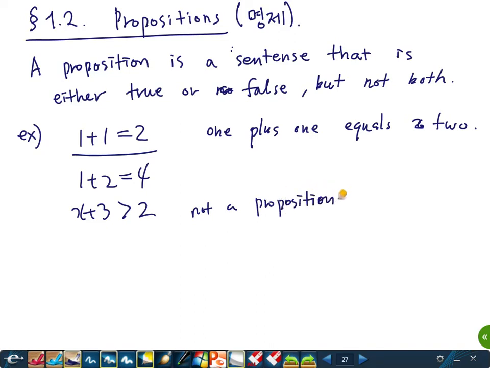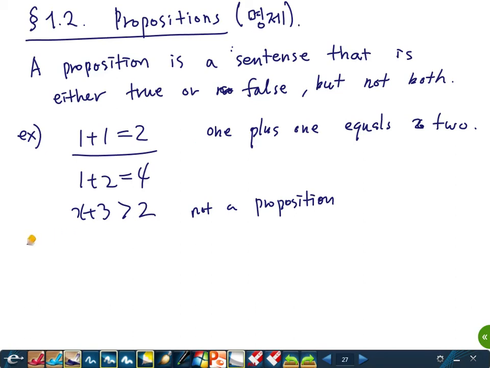But once x is fixed, explicitly given, it becomes a proposition. So this kind of thing is called a propositional function. Once you determine x, it is a proposition. But we will talk about this later.